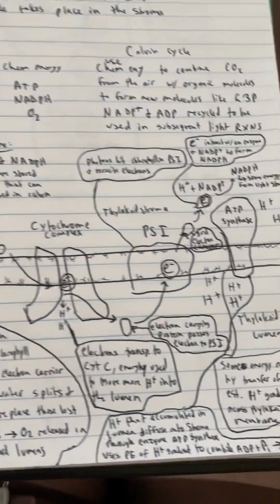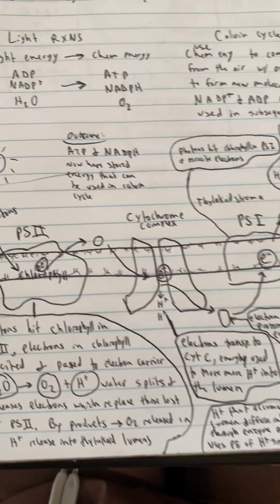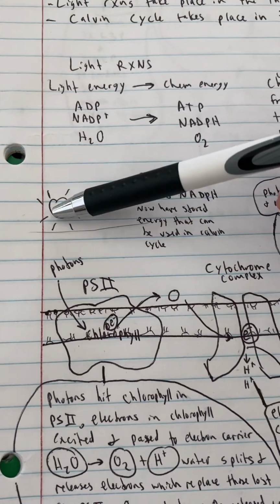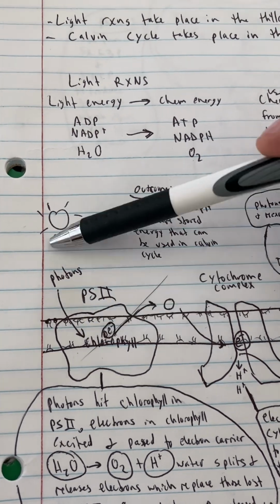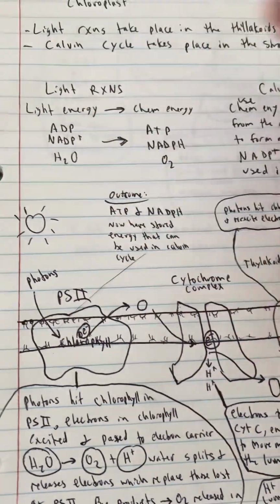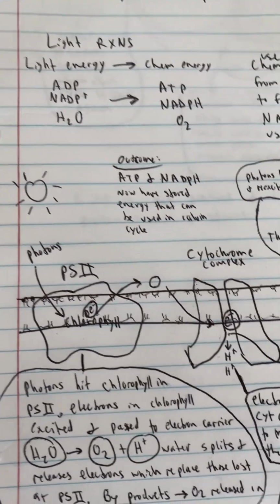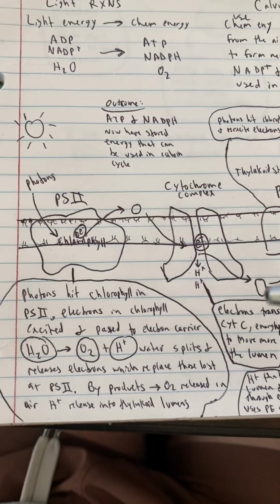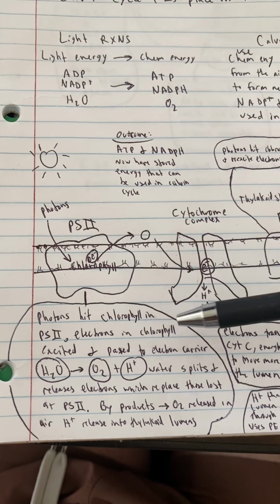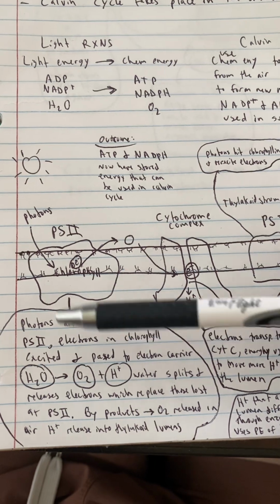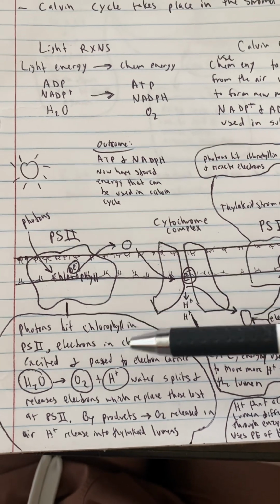So this is just a little illustration of the light reactions. Light energy as photons from the sun will hit photosystem 2, kind of starting off there. Then the chlorophyll in photosystem 2, the electrons will get excited and pass to an electron carrier.